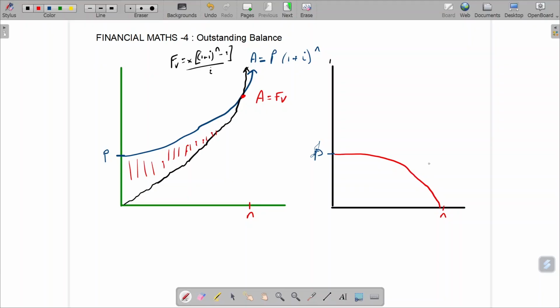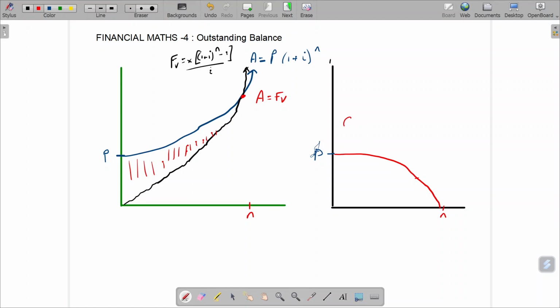Therefore, the portion of our payment that services the interest is more significant. As we move further down, we now owe less, and therefore less of our monthly payment goes to interest, and so more of it goes to servicing capital, and therefore the graph dies off like this.